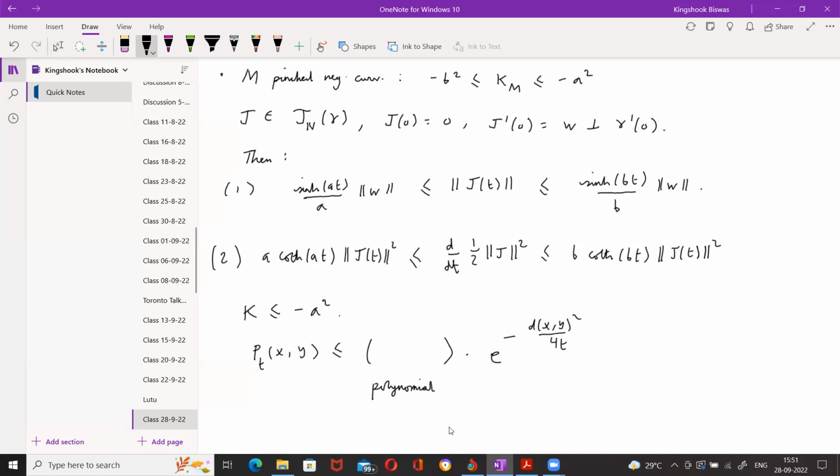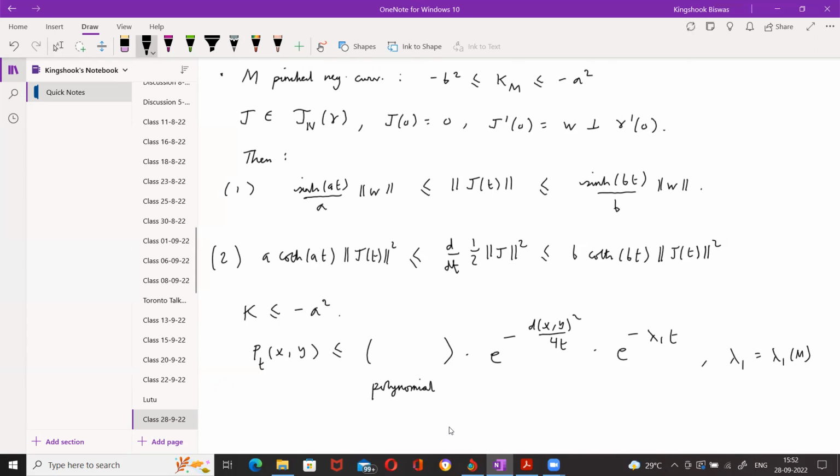This upper curvature bound gives you an extra exponential decay, e to the minus lambda 1 t, where lambda 1 is the supremum of the spectrum of the Laplacian.